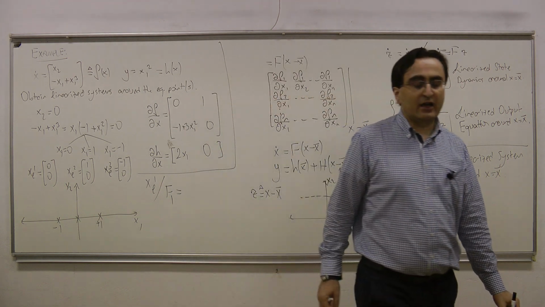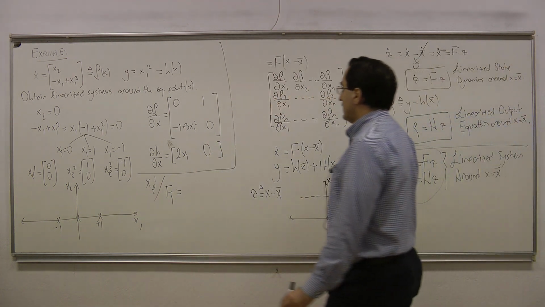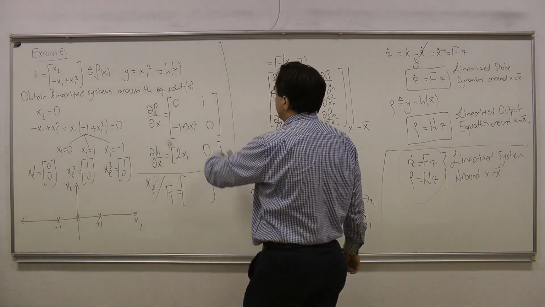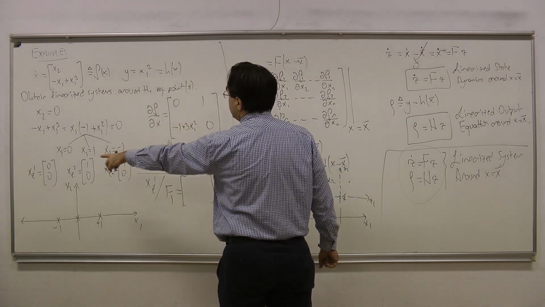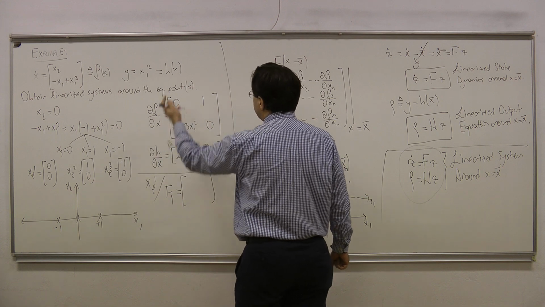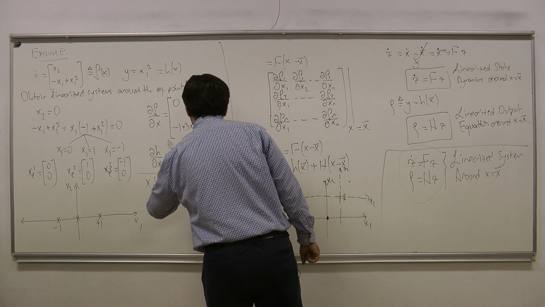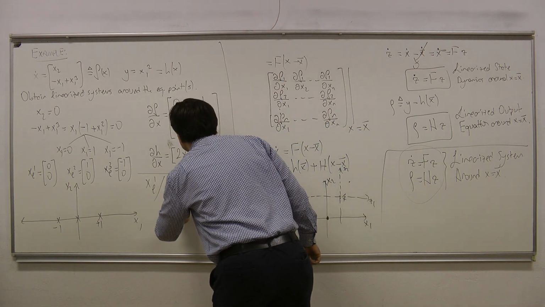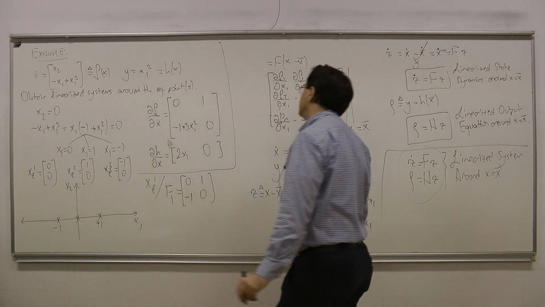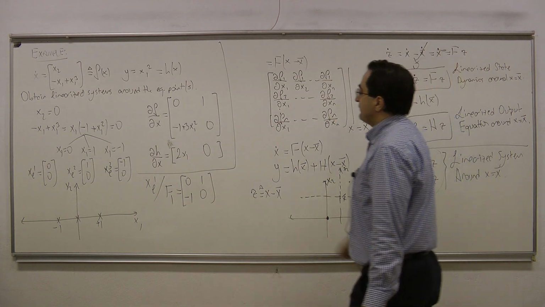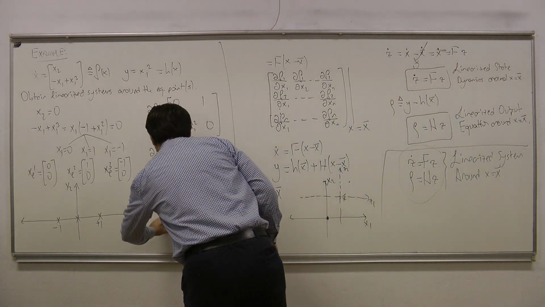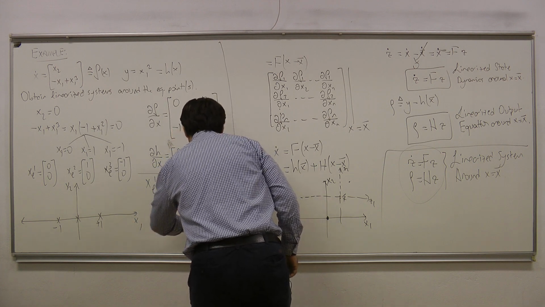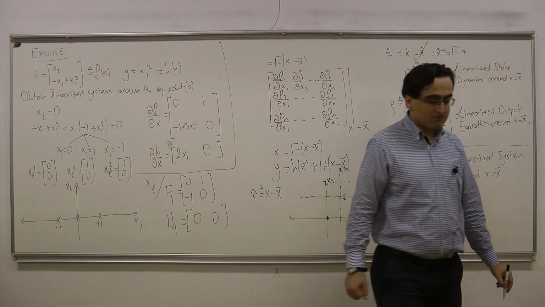I would call this F1, and evaluate this Jacobian at x1 equals 0 and x2 equals 0. So you see that it's going to give me the matrix 0, 1, minus 1, 0. And if I calculate the H1 matrix, in that case, I would have just 0, 0.